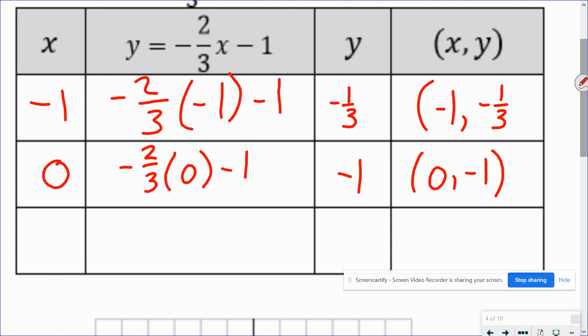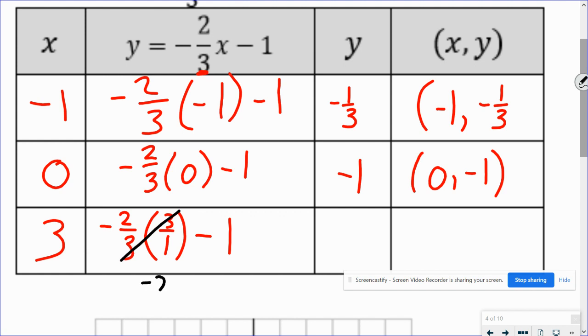Now, when I see fractions, I look at my denominator. What's my denominator? 3. So I'm going to use that here. So negative 2/3 times 3 over 1 minus 1. Remember cross reducing? Those cancel out.